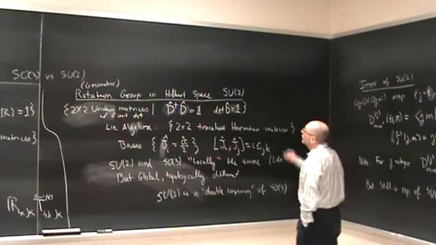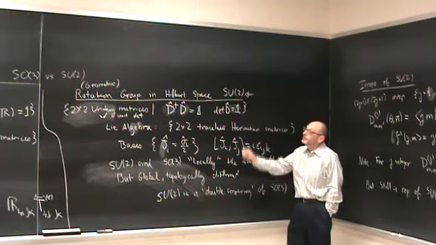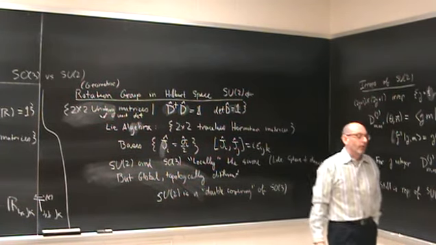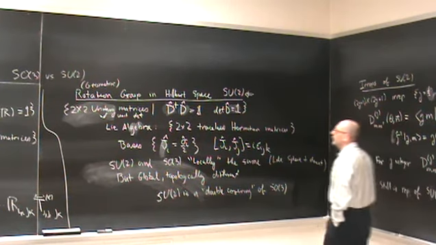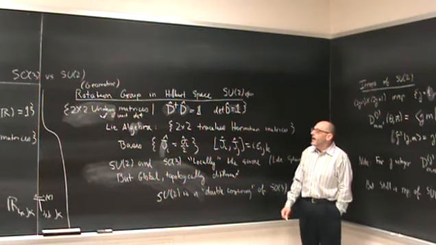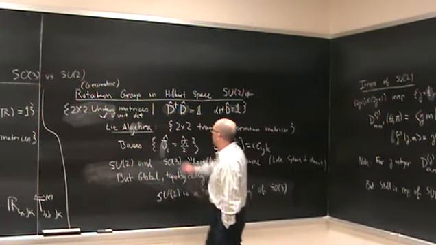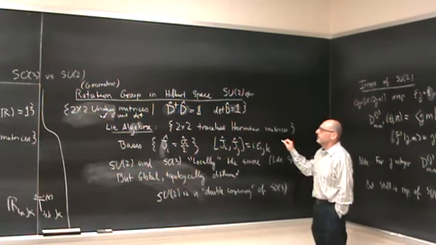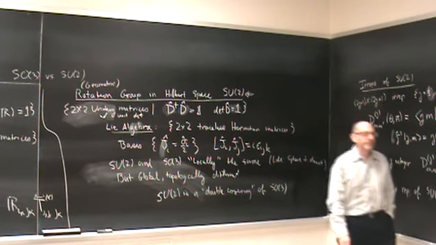And that group is the group SU2. SU2, in its defining representation, is the group of 2 by 2 unitary matrices with unit determinant. And its Lie algebra is the group of 2 by 2 traceless Hermitian matrices.